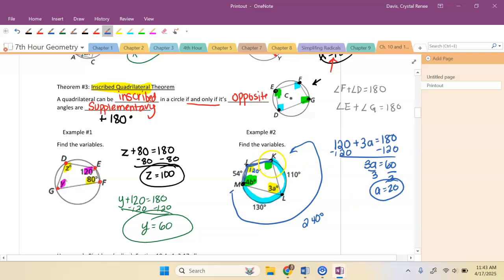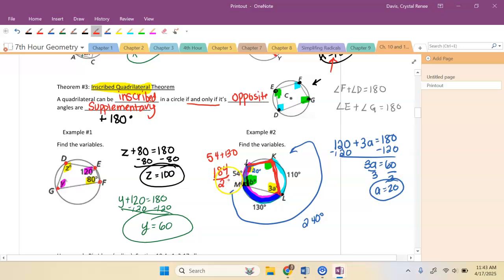Now I'm going to do the same thing for angle K. I'm going to find the measure of angle K. So if I draw angle K, it's here and here, meaning that its intercepted arc is from J to L right here. So that would be 54 plus 130, that's 184. Angle K is inscribed, that's the intercepted arc, so it has to be half that.